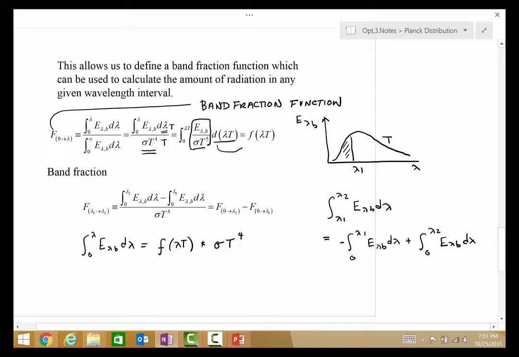So we integrate from 0 to lambda 2, and we subtract off the integral from 0 to lambda 1. And so we're just showing that in terms of the fractions there.